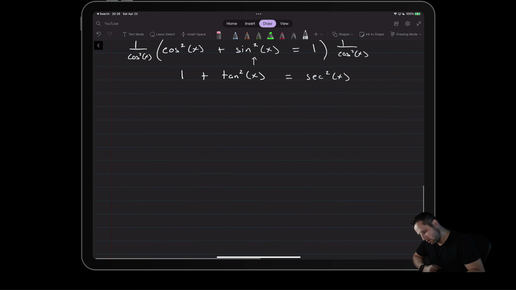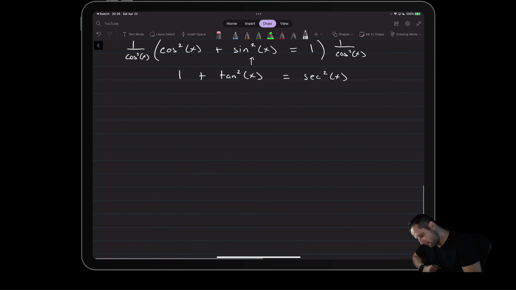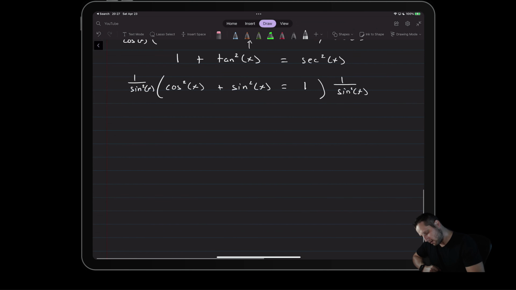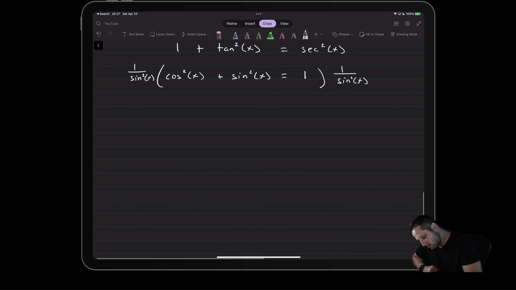Separately, you could do the same thing, but with sine. So you multiply everything by 1 over sine squared of x. And then this first term is not tangent, but this is going to be cotangent squared.